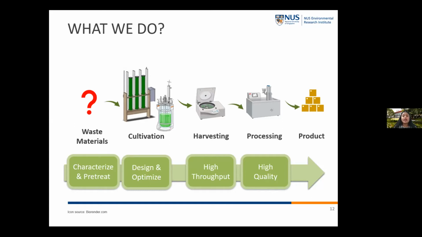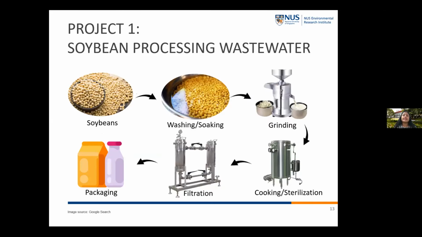The first case study is soybean processing wastewater. We collected this wastewater from a local soy milk manufacturer. So I would like to quickly run you through the process to understand where we got this wastewater from. In the soy milk industry, the soybeans are washed and soaked.